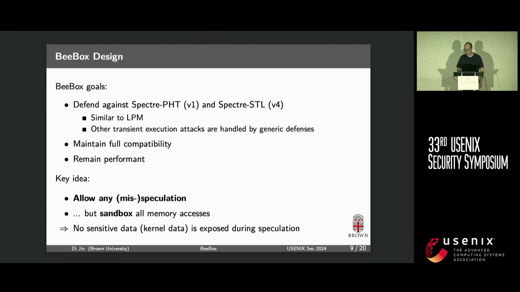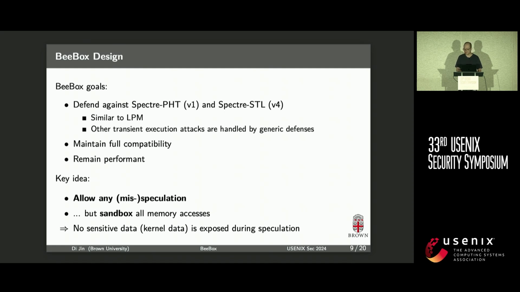The first goal of BeeBox is to defend against Spectre-PHT, known as Spectre v1, and Spectre-STL, also known as Spectre v4. Similar to LPM, BeeBox leaves other instances of transient execution attacks to the generic defenses deployed in the kernel. The second goal of BeeBox is to maintain full compatibility and not impose additional constraints on BPF programs.